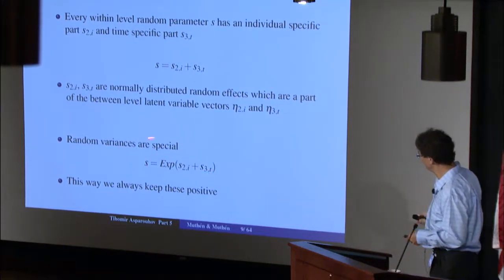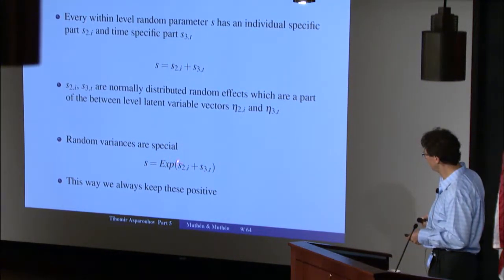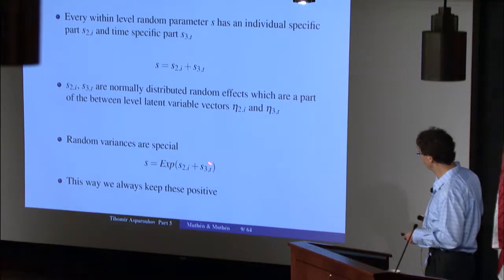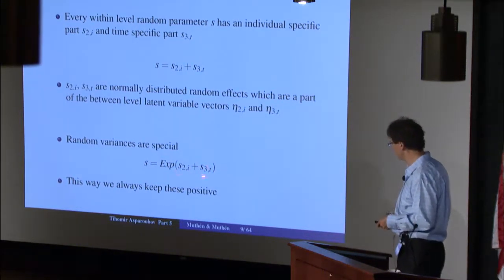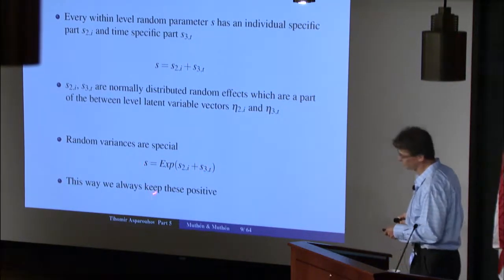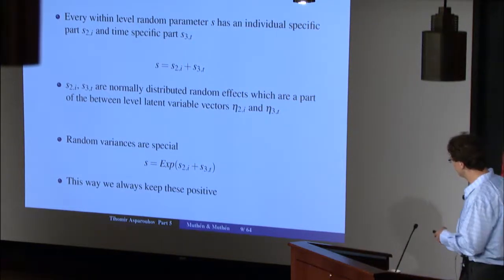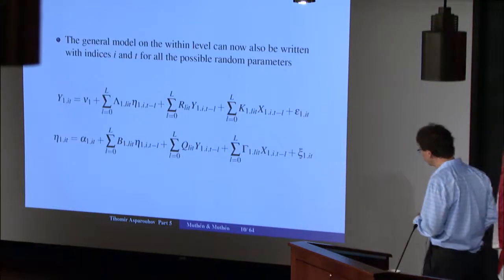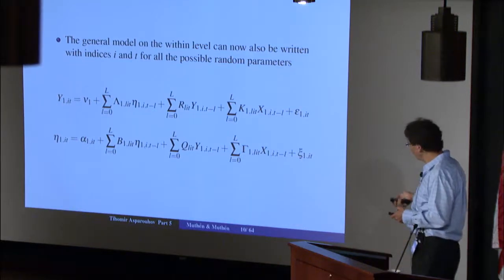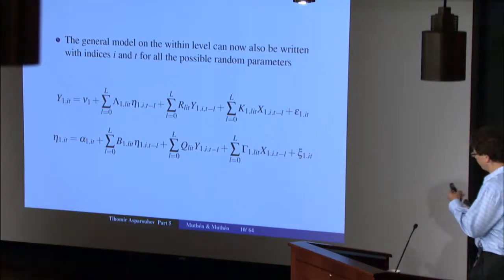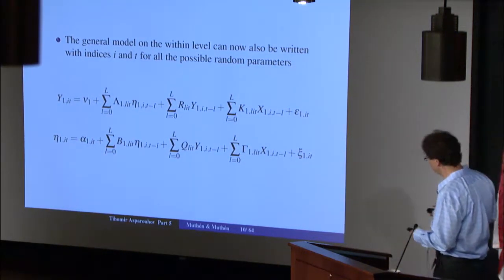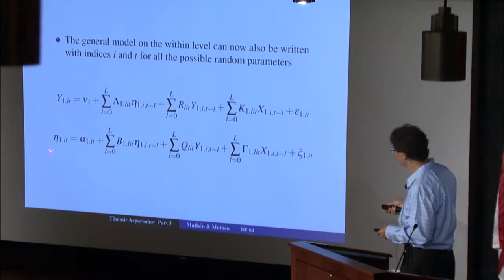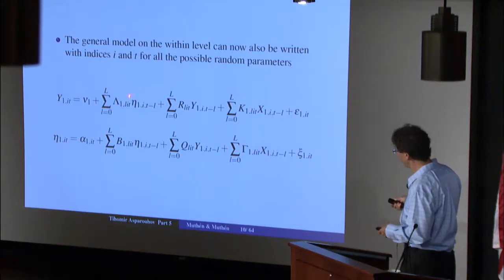For the random variances, we use a log normal distribution, where the random variance is an exponent of the sum of these two random effects, one from each of the two levels. And of course, that's done to make sure that the variance always stays positive. So if you want to incorporate this capability that all these coefficients can be random, you can rewrite the equation on the within level model in a more general form.